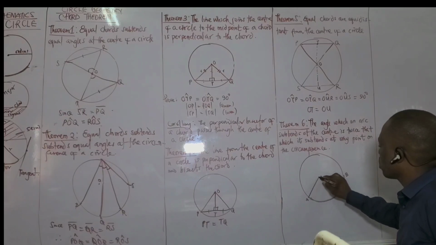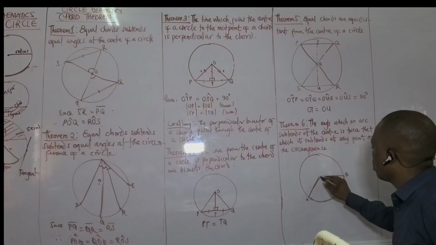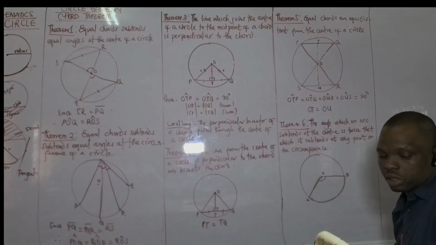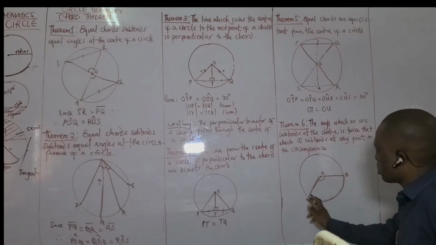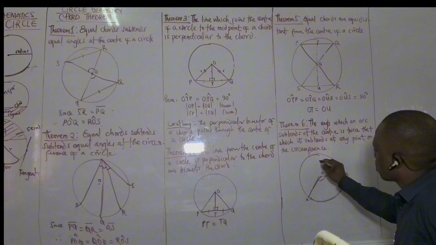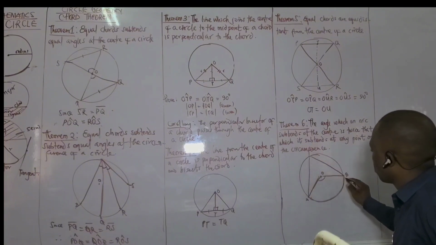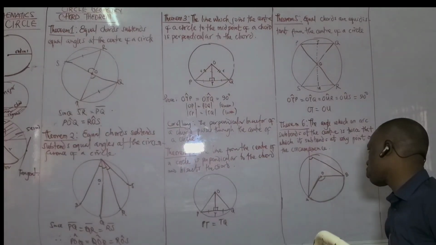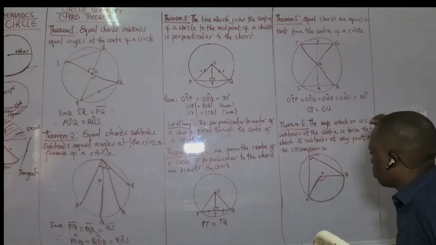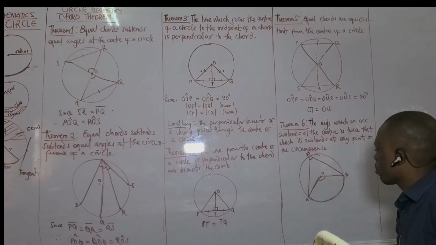This arc AB subtends an angle at the center O. The same arc AB subtends, so you can see it subtends an angle at the circumference of the circle. Let's call this point P.